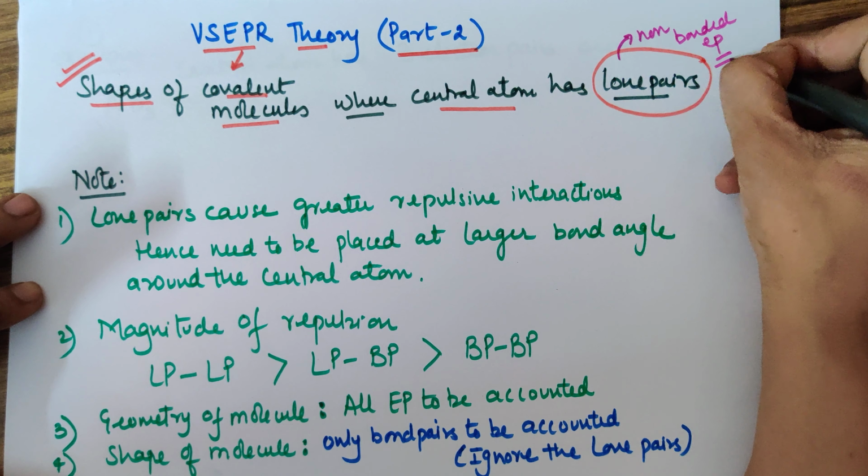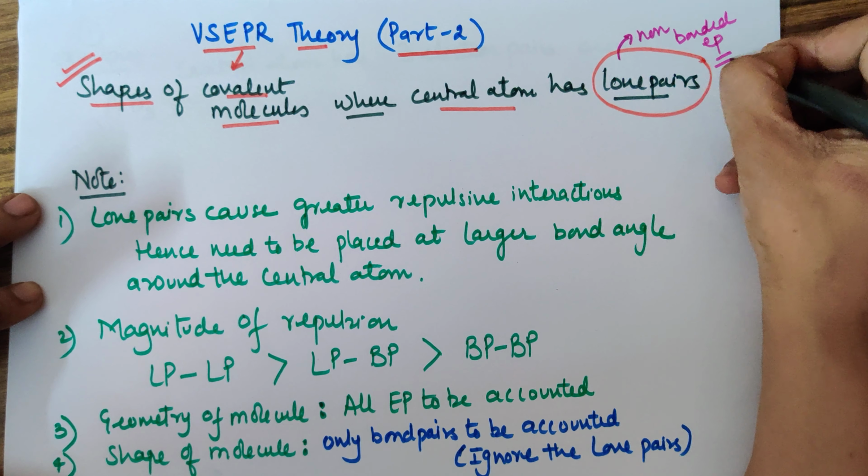Fine. Moving to the last section. In part 1, I said that geometry and the shape remain the same. The reason being, when we have got only bond pairs, then geometry and the shape are the same. But in case of molecules where there are lone pairs, for the geometry of the molecule, you take into account all the electron pairs.